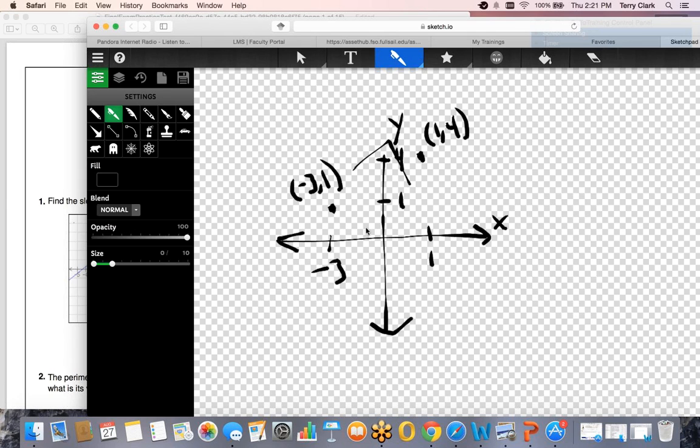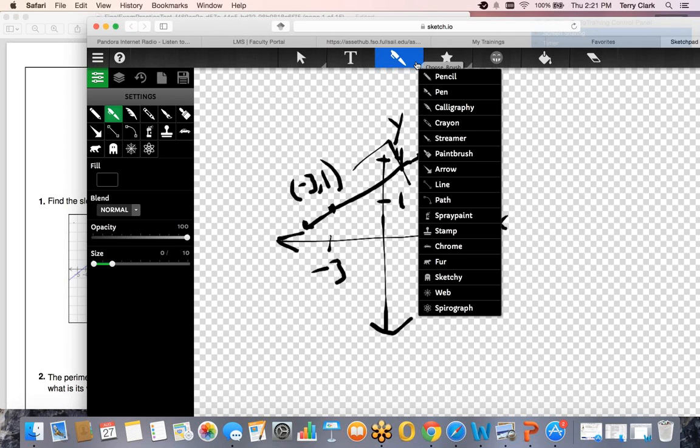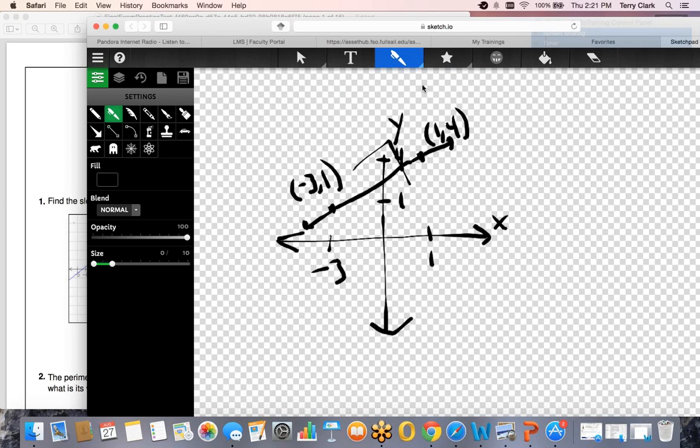Now I'm going to go ahead and draw the line. We can see when we follow that line from the left to the right that it's actually going up. Now one way to figure out what the distance is, we can do it from the graph. We can just go from this point to that point and see how many spaces we went.